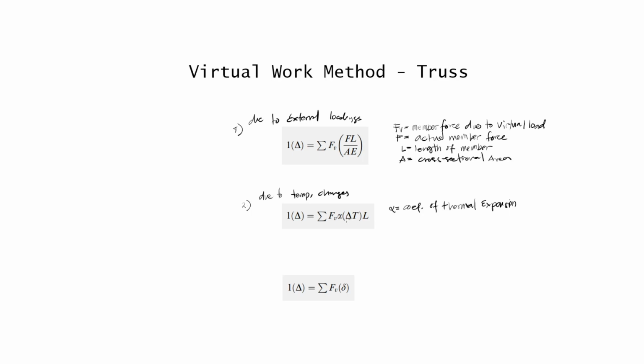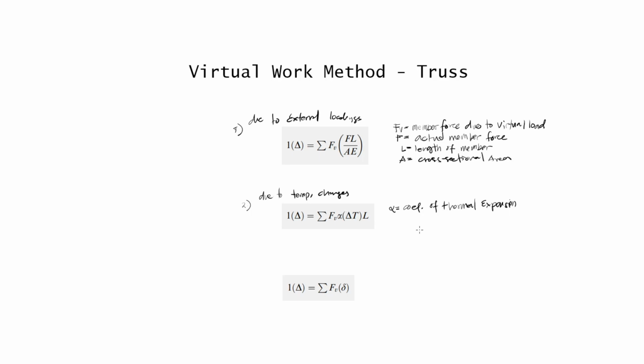Pagka nagbago yung temperature natin, may posibilidad na magkaroon ng deformation. Okay? Kasi nga, pwedeng mag-expand o pwedeng mag-shrink yung mga material natin. So, yung alpha dito is yung property ng material natin, yung thermal expansion property niya. Okay? So, this must be given sa problem natin.